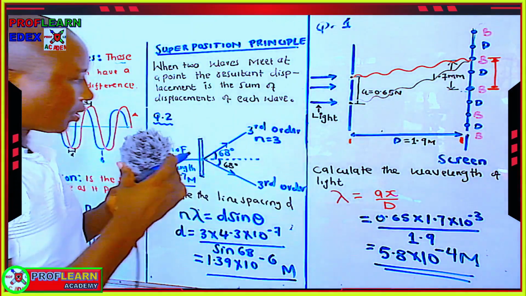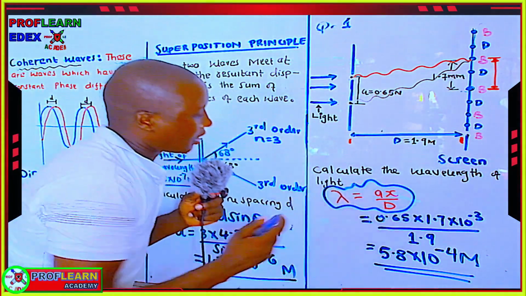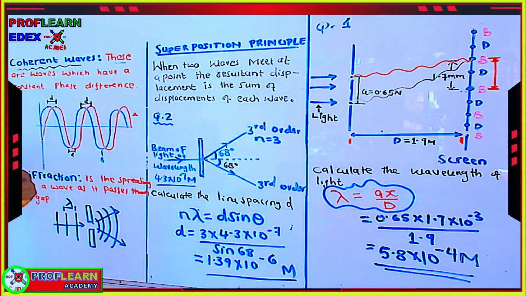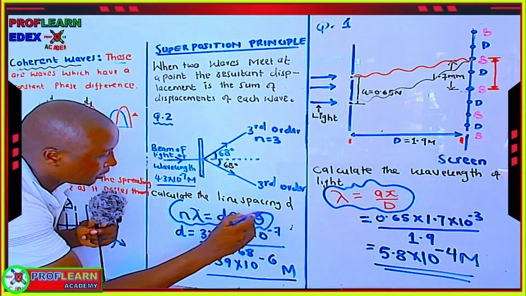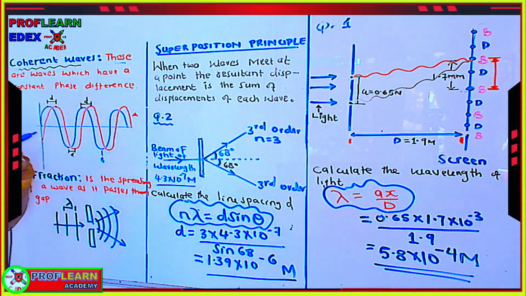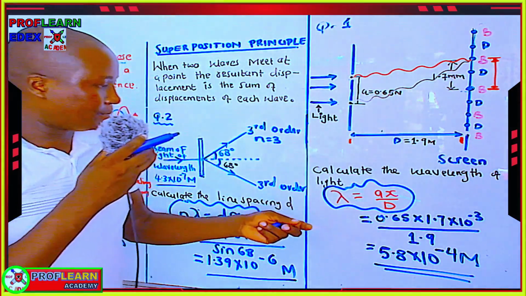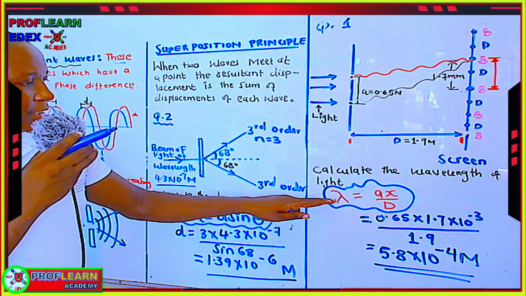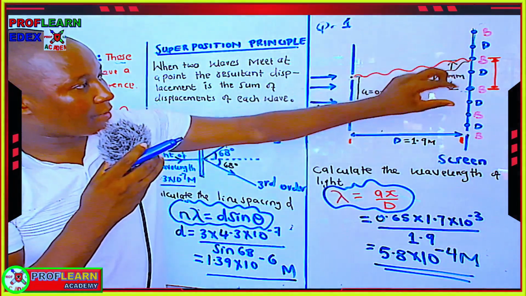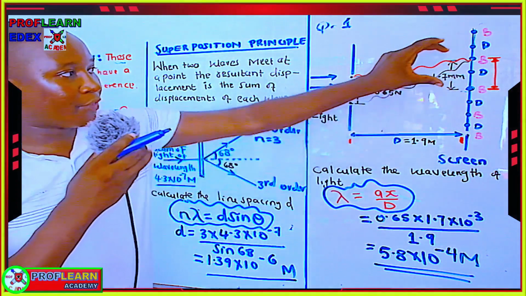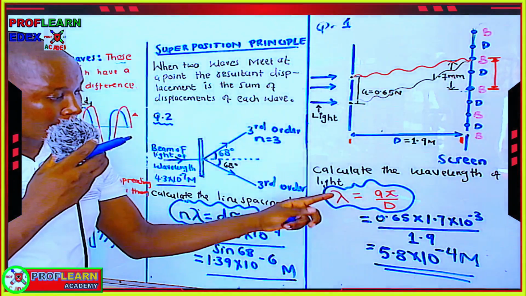So I want you to understand that for the double slit experiment, this is the formula you are going to use, and for diffraction grating, this is the formula you need to use. So for an aspect like how changing the wavelength affects the separation of the bright fringes, you're going to look at this formula.